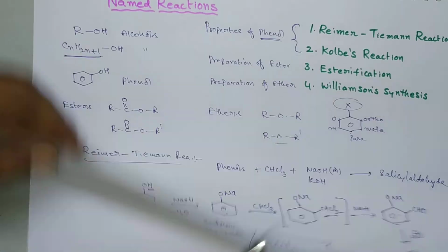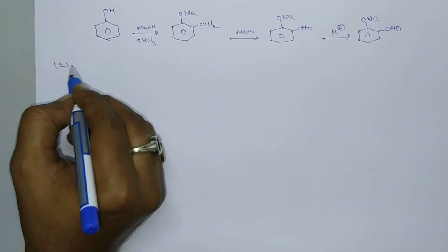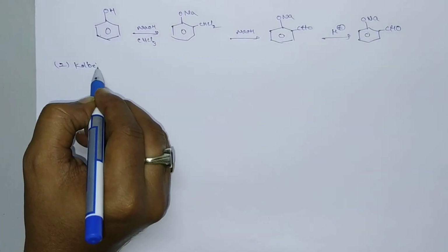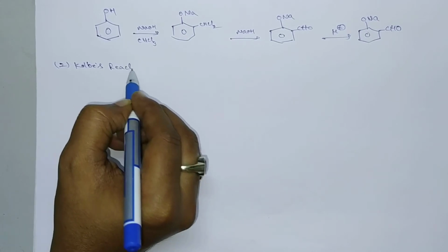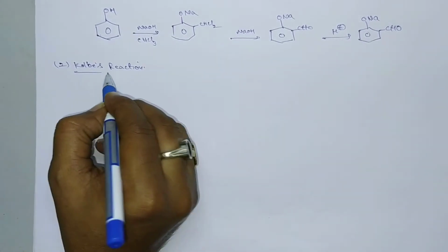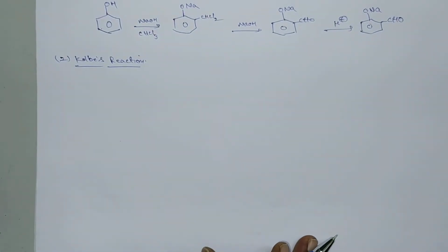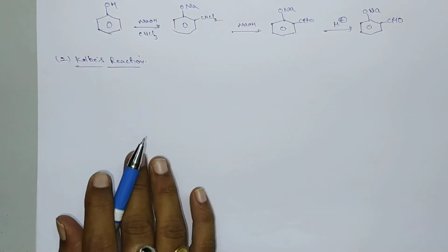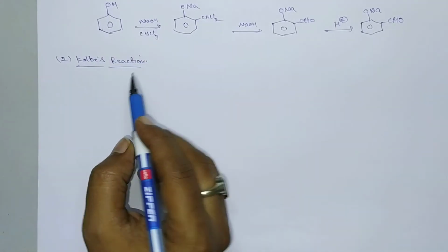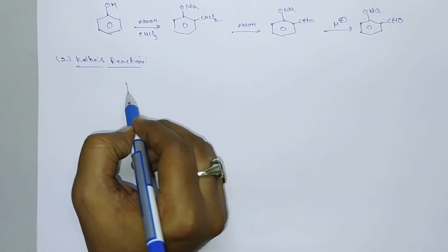So second one, Kolbe's reaction. Just similar to Reimer-Tiemann reaction, but here we have to take carbon dioxide. Again it is also one of the properties of phenol. That's why the phenol reacts with NaOH.